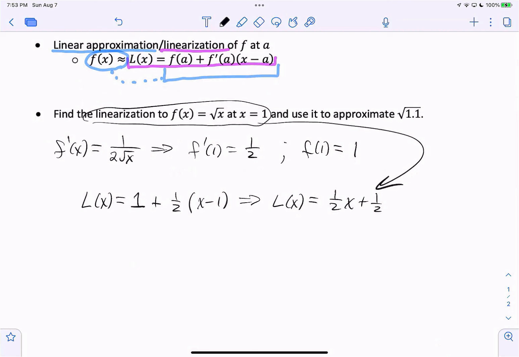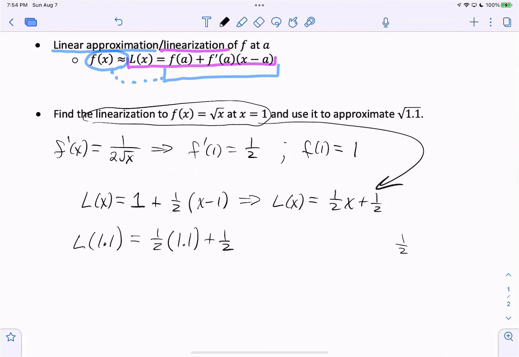That's L of x. Now we're going to use it to approximate the square root of 1.1. Here, x is 1.1. So we're going to find L of 1.1. And that's going to be 1/2 of 1.1 plus 1/2. Now we're imagining we don't have a calculator.